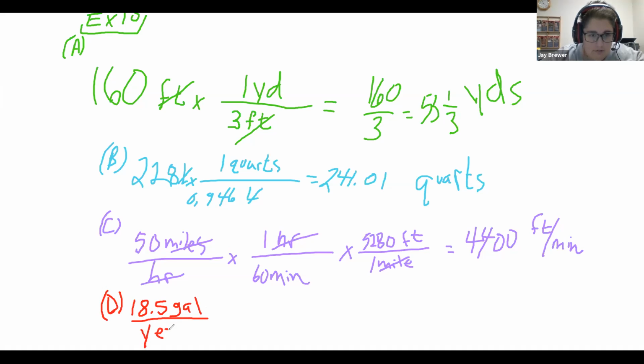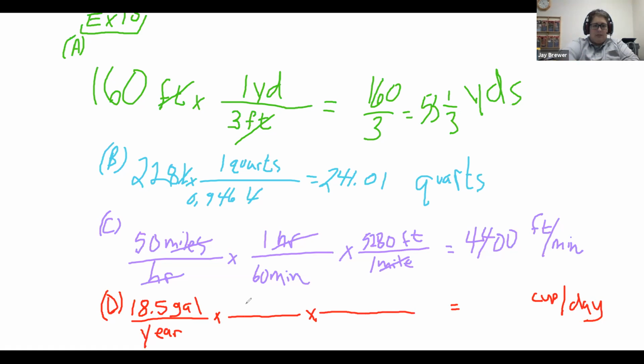So again, we're going to have 2 conversions because we want to end up with cups per day. All right, so we're going to have to actually do 2 conversions again. So what's one of the conversions you can tell me about?